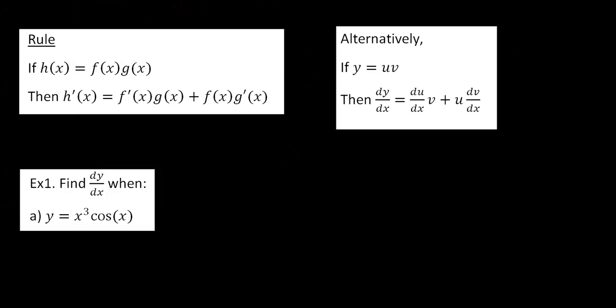So in the product rule, what we're going to assume is that if you want to differentiate a function h of x, then what you're going to need to do is separate this function into two separate functions. So these two functions are going to multiply by each other. So you have f times g over here, and the derivative function isn't simply just finding the derivative of f and derivative of g and multiplying them together.